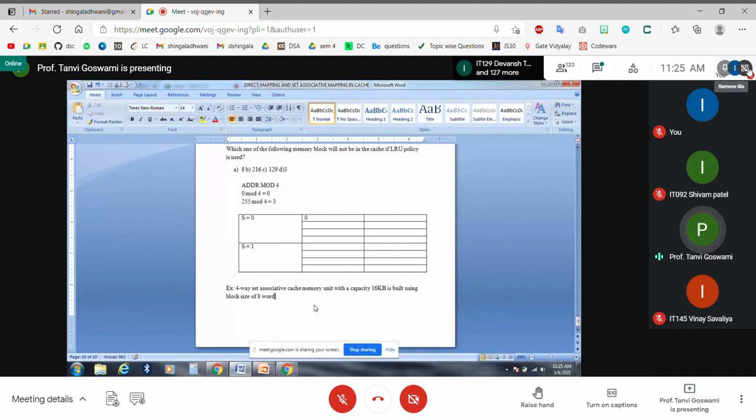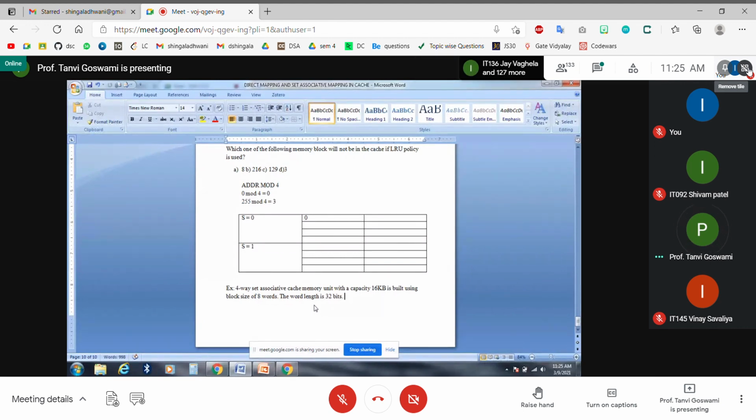What is the block size? It is 8 words. The word length is 32 bits. What is the word length? 32-bit length equals one word. Okay, so the block size is 8 words.